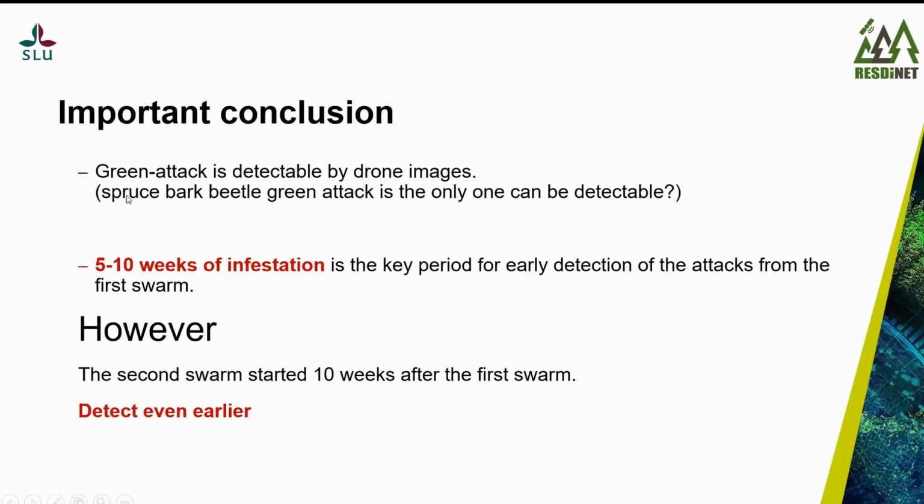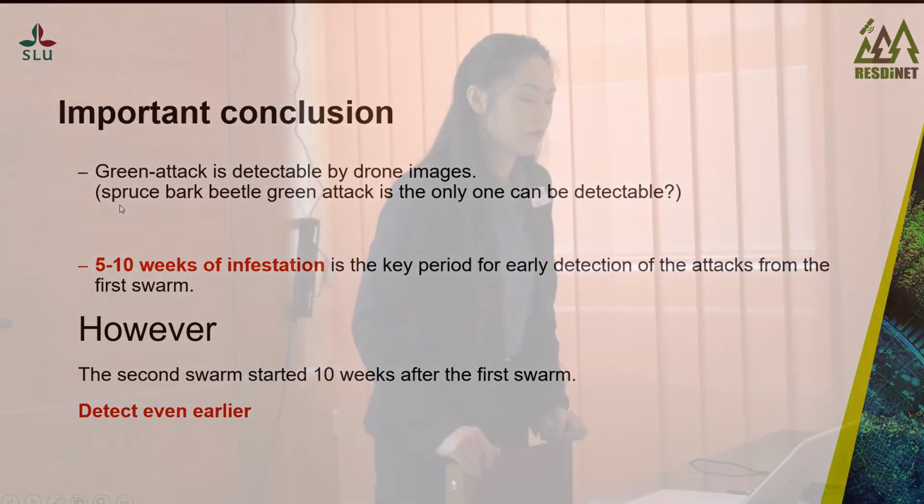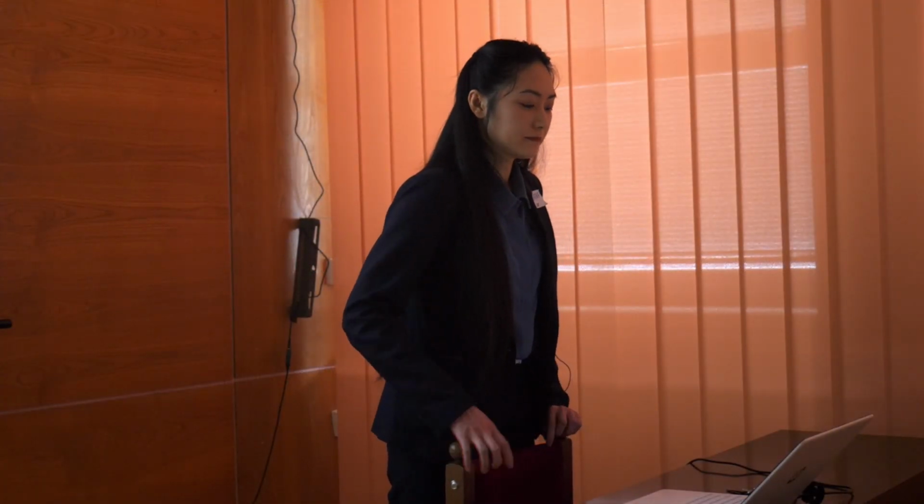And this is a question that I was asked in the reviewer phase: is the spruce bark beetle green attack the only one that can be detectable? Because there is a lot of research going on related to other attacks or other insects, and for most of them, the conclusion so far is that the green attack is not detectable, or the detection rates are really low.